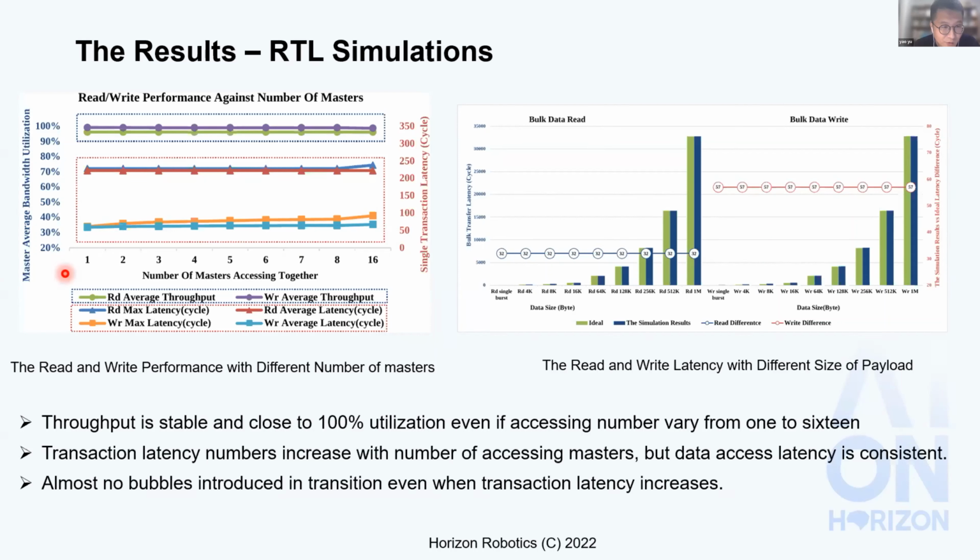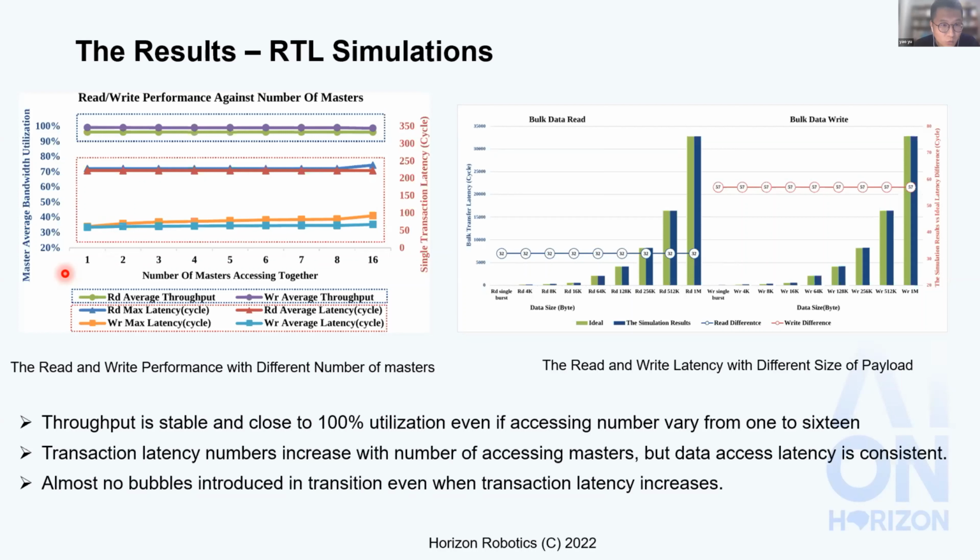We increased the accessing masters from 1 to 16 altogether, and each master is injecting randomized address access to the design at full throughput, at full capacity. So it keeps injecting new bursts into the design.